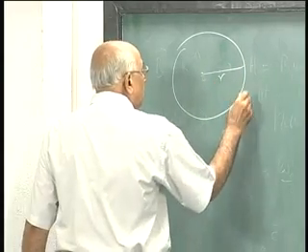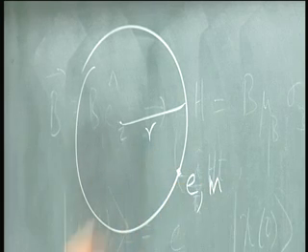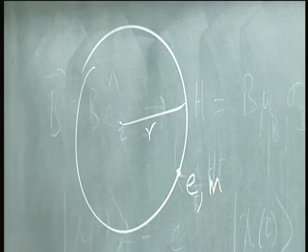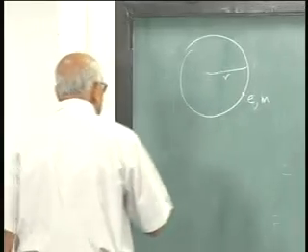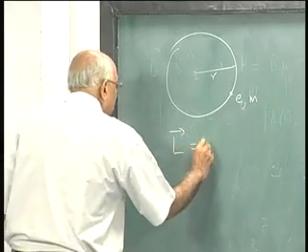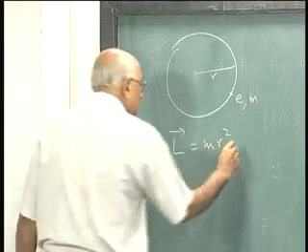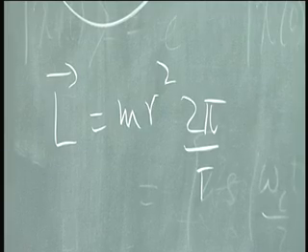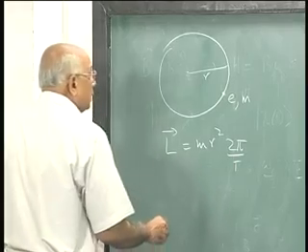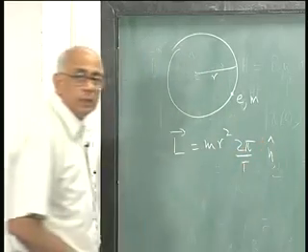The charge of this particle, let us say, is e, and the mass of the particle is m. Then what is the relation between the magnetic moment and the orbital angular momentum in this case? The orbital angular momentum is m r squared times the angular velocity of this particle, which is 2 pi over the time period, in the direction of r cross p. So let us say some unit vector n in this fashion.